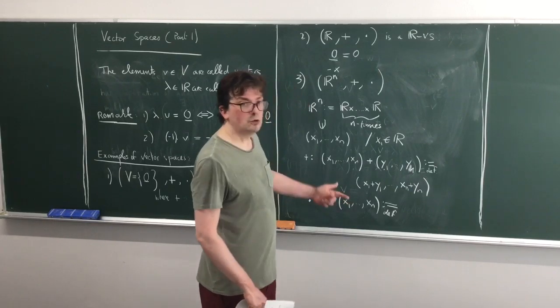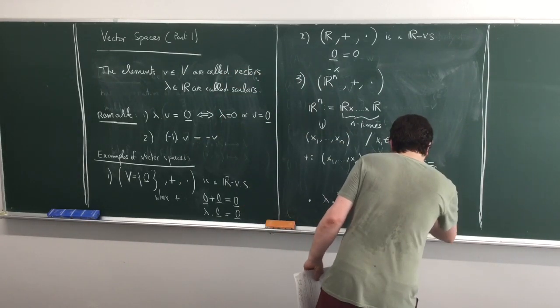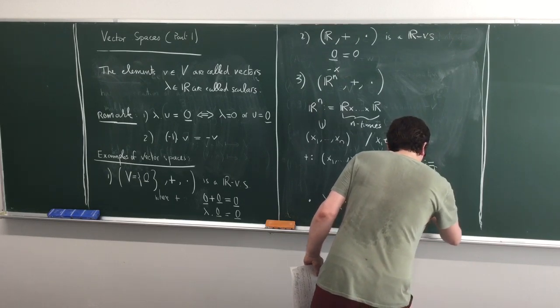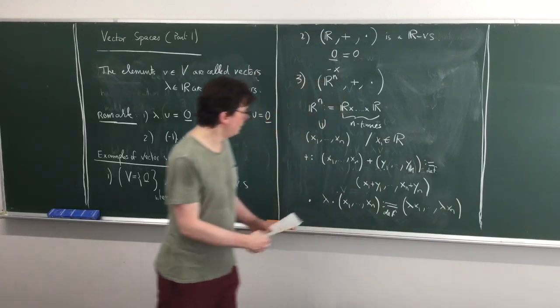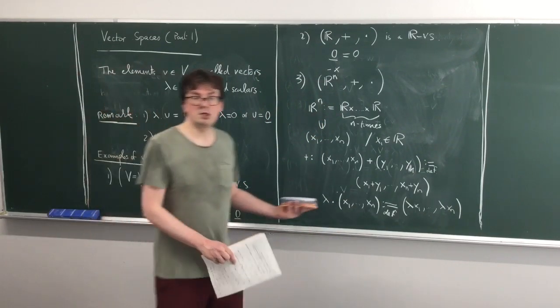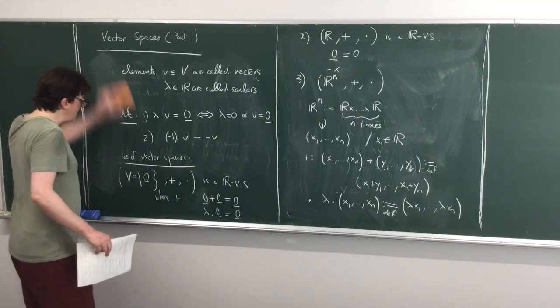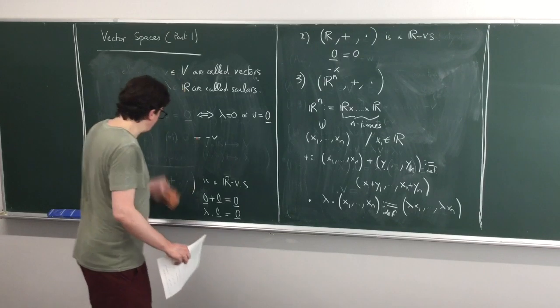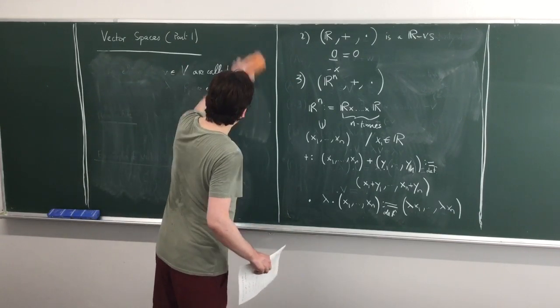Here again, I'm going to multiply component-wise. So the result will be (lambda x1, ..., lambda xn). Okay, I have defined these two operations, and now I should check that the 8 conditions A1 to A4, M1 to M4 are satisfied.